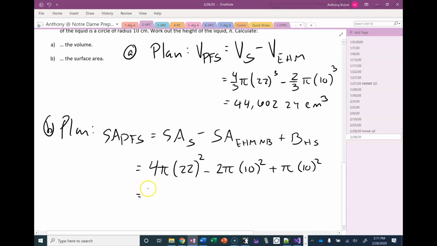And when I type that in, I should get the 6,082.12 centimeters squared as quoted in the answers. Does that match? Can you punch that in your calculator real quick and double check my arithmetic there? But I think that's what you needed. Maddie?